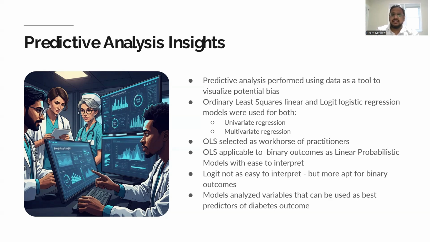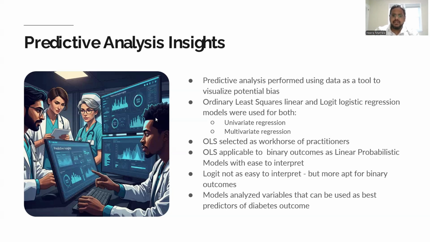And then we selected a linear regression using the ordinary least squares and a logistic regression using the logit model. We did both univariate and multivariate regressions. The OLS, of course, is the workhorse of practitioners and can be applied to binary dependent variables as a linear probability model. And because it's binary, of course, even though not as easy to interpret as the OLS, the logit also served as an important secondary model.